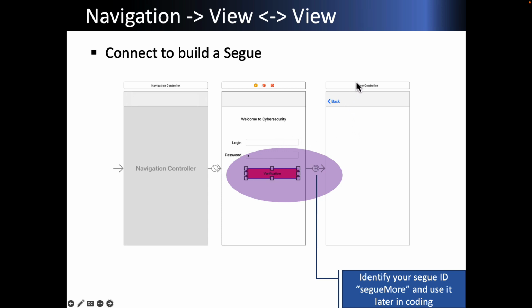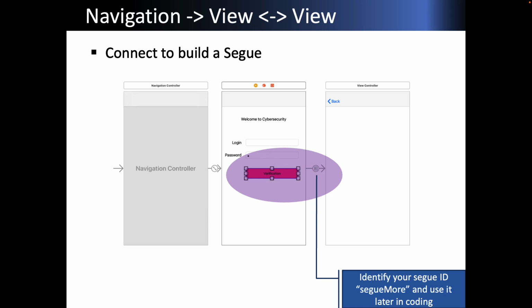But after that, when you create a new view, this new view has nothing to do yet with this navigation controller and this default view controller, right? So you have to connect from one view to another view.